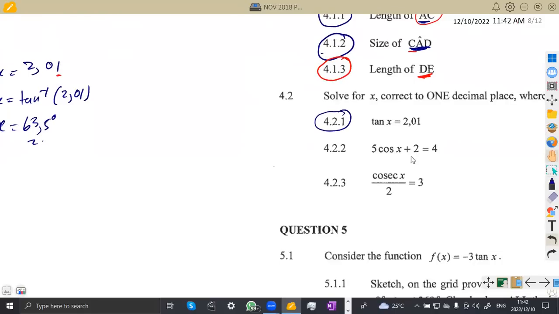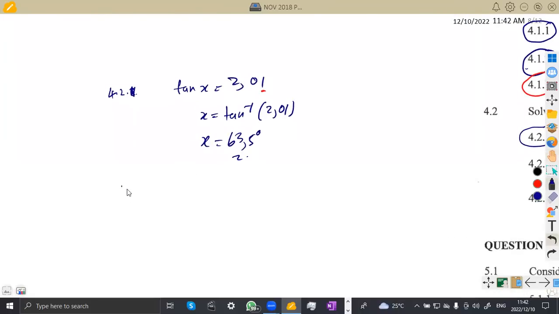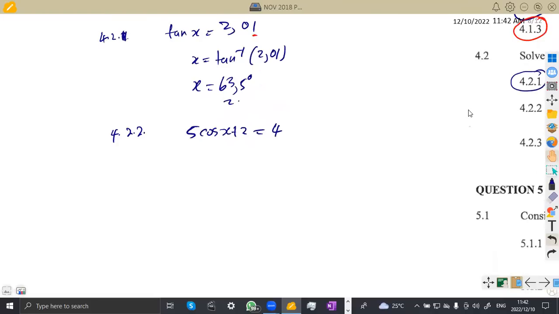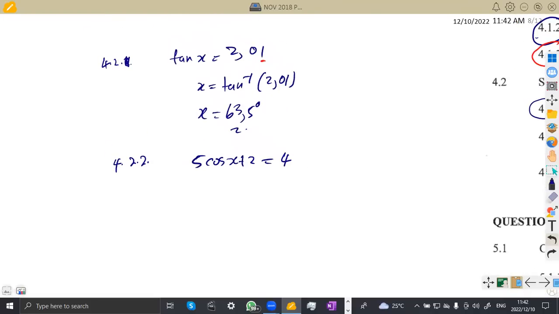That is 5 cos x plus 2 is equivalent to 4. That's 4.22. You can start by transposing the 2 to the other side of the equation, which becomes minus 2. So it's 4 minus 2, which is 2. So we've got 5 cos x equivalent to 2. We can divide by 5 since it is multiplying both sides.